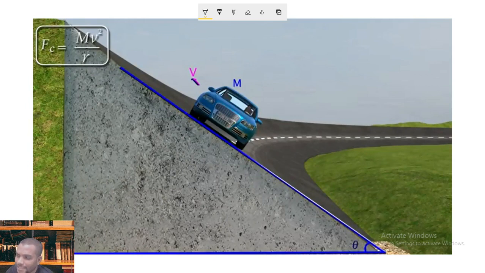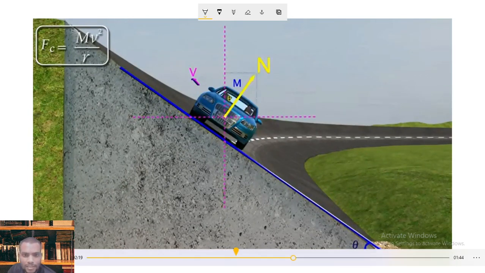The system of raising the outer edge of a curved road above its inner edge is called banking of the curved road. The angle through which the outer edge is raised above the inner edge is known as the angle of banking.